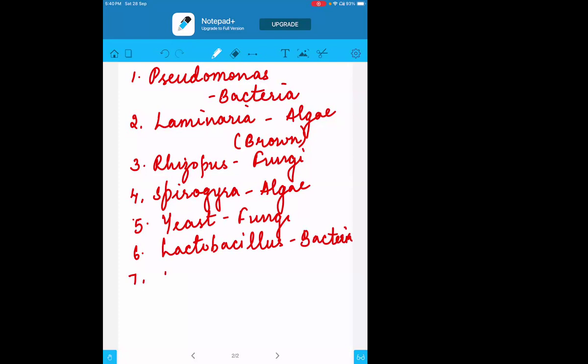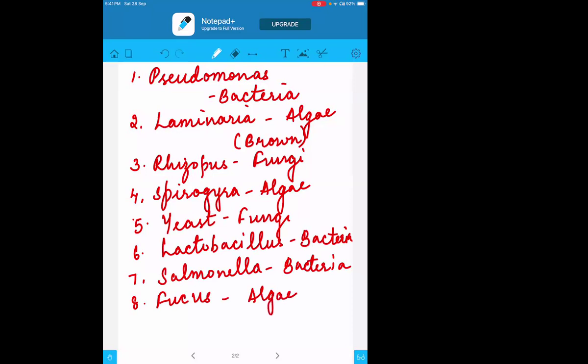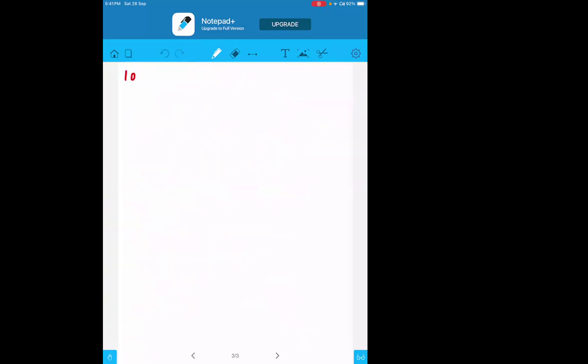Then Salmonella is basically the bacteria. Then Fucus is the algae. Then Penicillium is the fungus. Then Mucor is again the fungus.